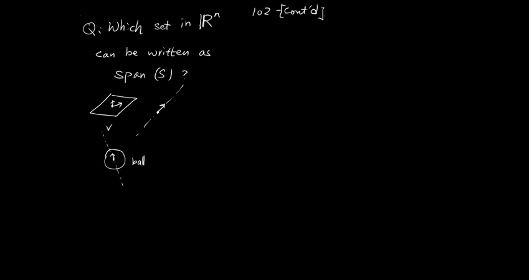So the ball is not span S. So in a space, some sets can be written as span S and some sets cannot. And we will explore more details about this property.